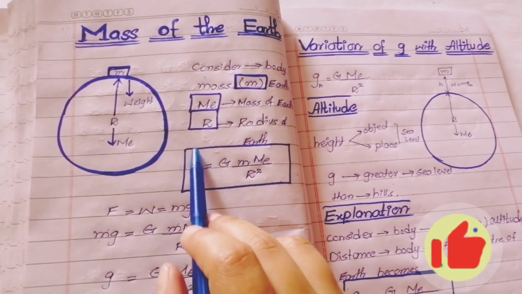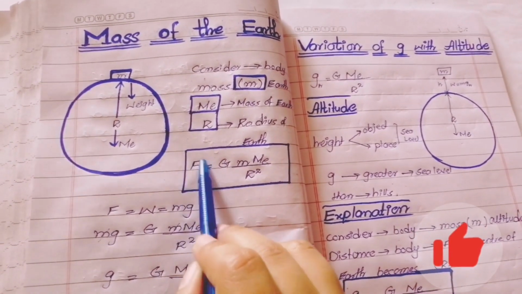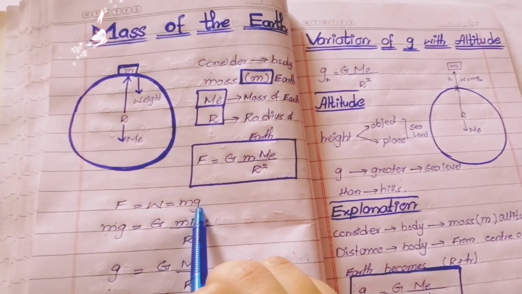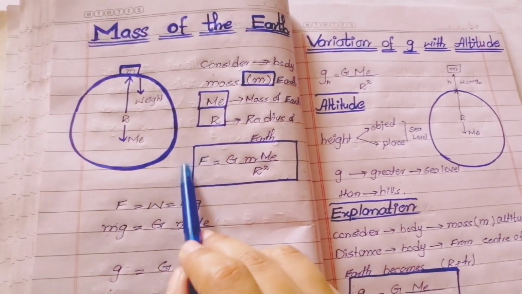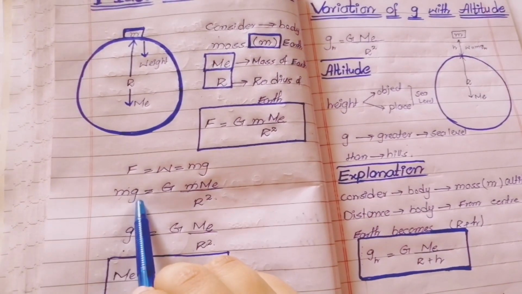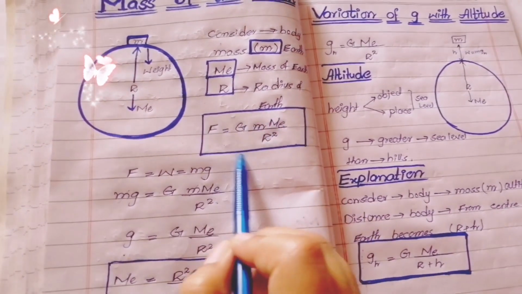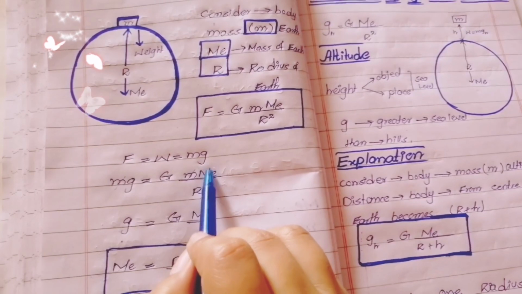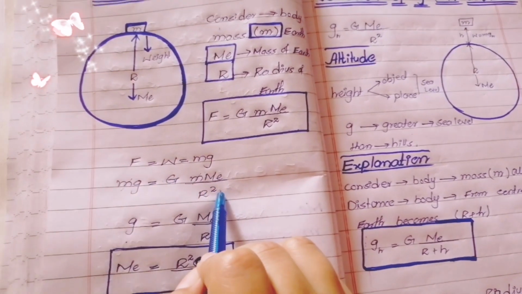We know that force is equal to weight, and weight is equal to mg. So in place of force, we will write mg. mg is equal to, remaining the same formula, G m capital ME over r square.